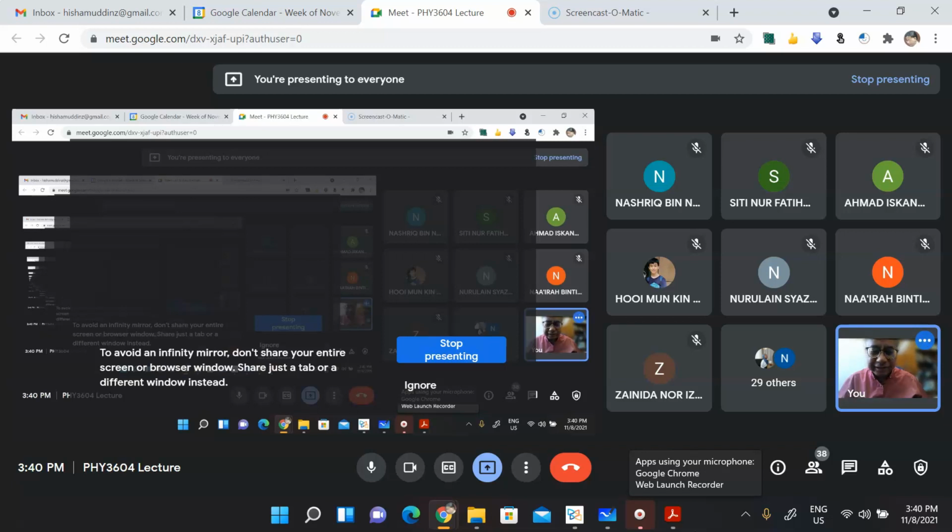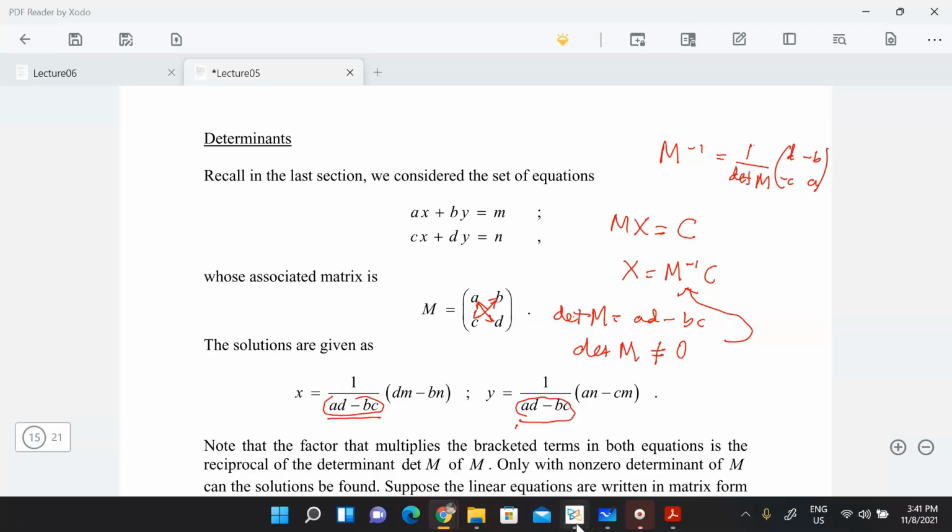Nobody wants to answer? I assume it's yes. So you know how to find the determinant of a 3 by 3 matrix. Yes. Oh, great. So that's okay. I thought that you had not done it. So then it will be easier.